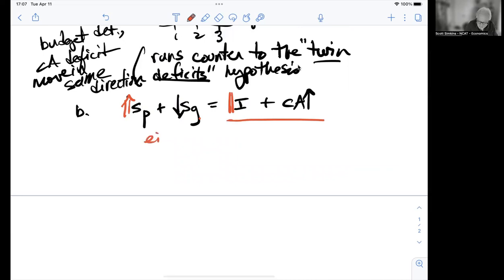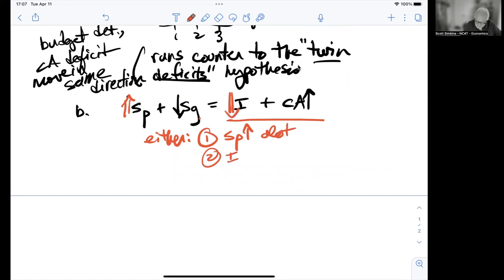So either private saving is going up a lot, or investment is going down a lot, or both. Okay.